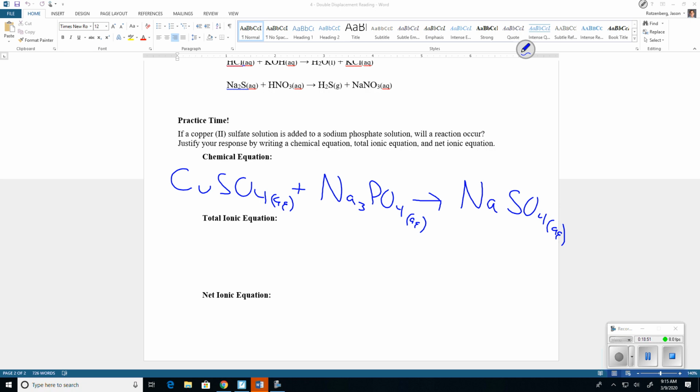What should be the formula of sodium sulfate? Na2SO4. Copper 2 phosphate. Does that occur? I see already someone shaking their head yes, so that one does occur.